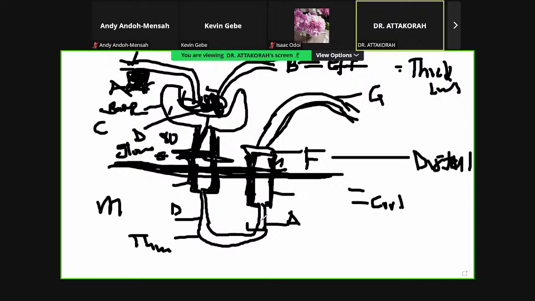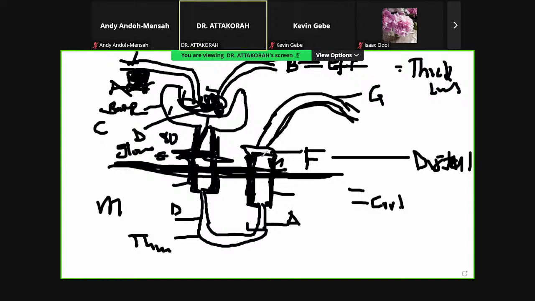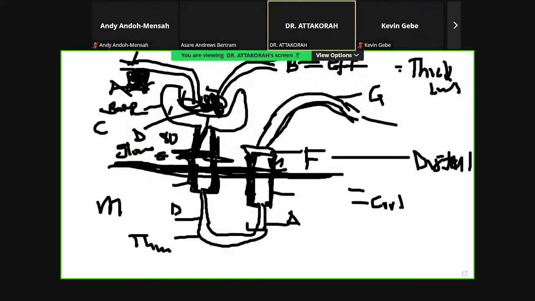And the rest of the filtrates will get into the distal convoluted tubule. Also, there'll be reabsorption of the things within the filtrates. Then they will get to the collecting ducts. The system will get rid of, will excrete, the rest. The body would take what it needs.